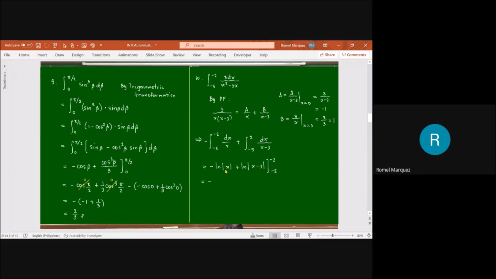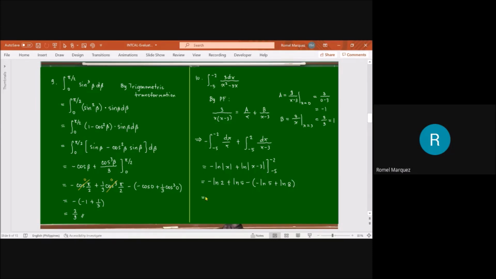So negative ln of absolute value of -2, that is simply negative ln 2, plus ln of -2 minus 3, absolute value is 5, no? Yan. Minus negative ln of absolute value of -5 is 5. Then plus ln of -5 minus 3, absolute value of that is 8. Okay, guys?